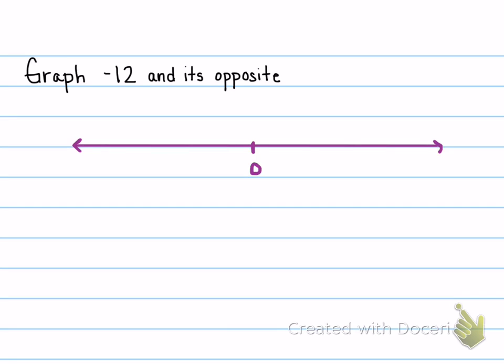So let's go by 4's. If I say this is negative 4, negative 8, negative 12, I see that those are equal intervals going all the way to 12. Then to find its opposite, I would have to do positive 4, positive 8, and positive 12.